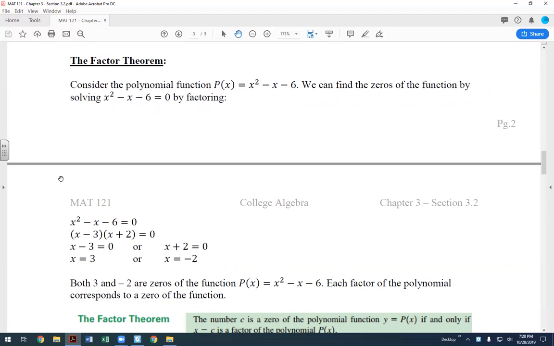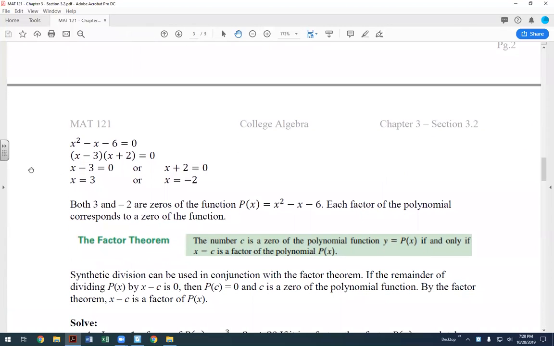So you actually end up getting x minus 3 and x plus 2 as your factors, which leads us into x equals 3 and x equals -2 as our zeros, or again, think about them as your x-intercepts. So both 3 and -2 will be considered zeros because when I put them back into my polynomial, I should get 0 as the answer of my function.